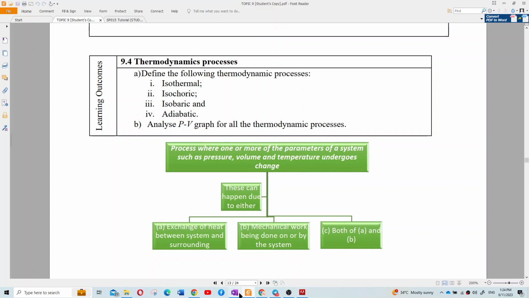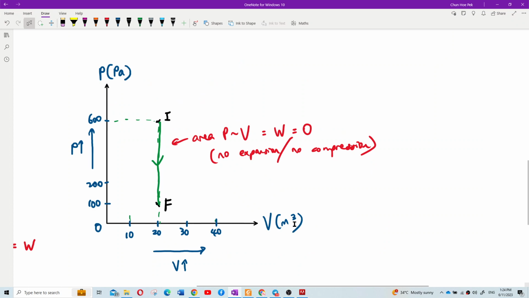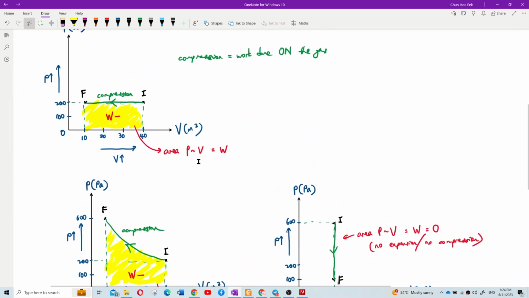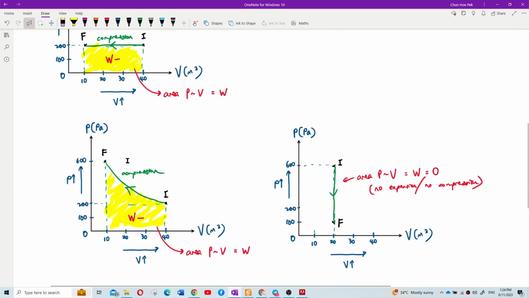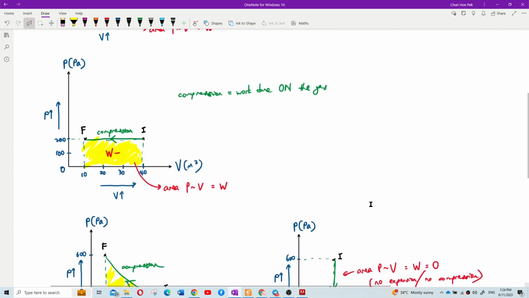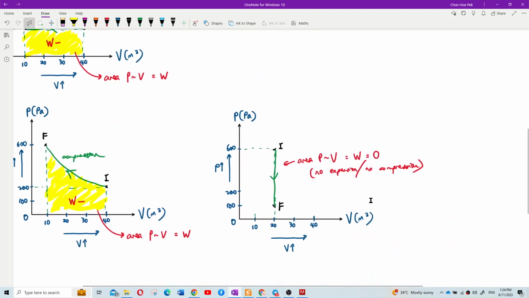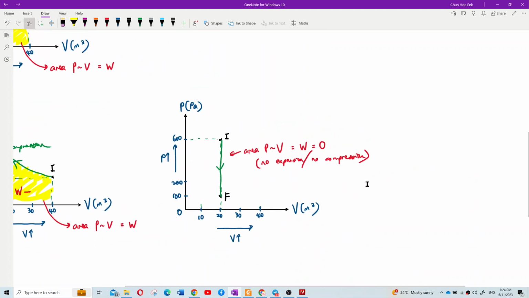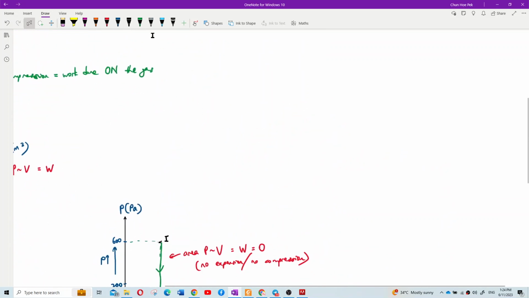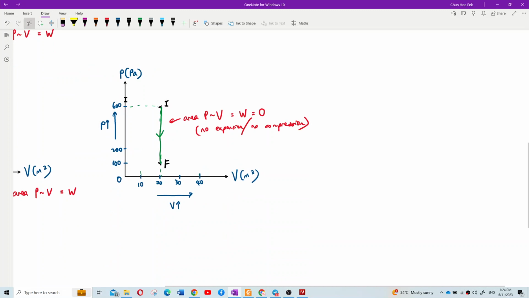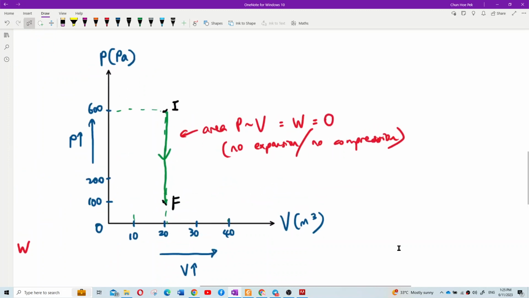So where can we look at temperature on this PV graph? Where is the temperature, class? You only have pressure and volume. So for that, I will introduce you to the temperature parameter and how to look at temperature.